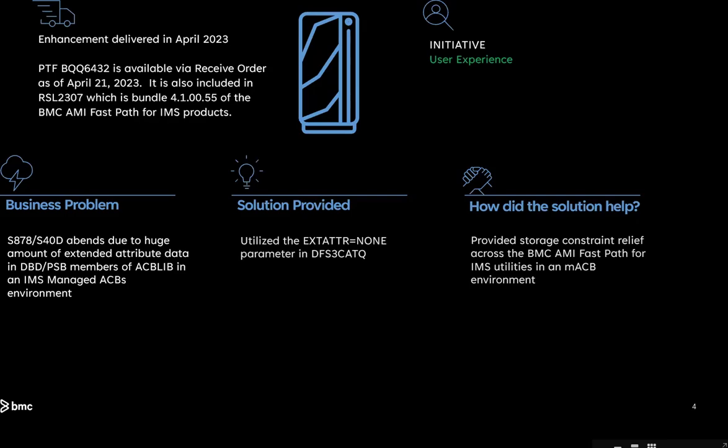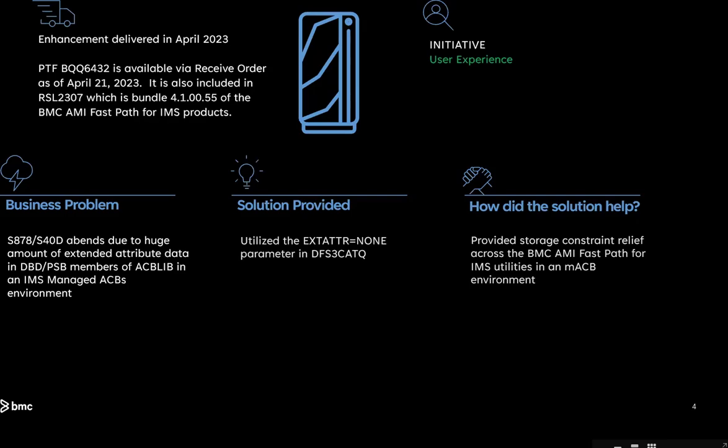Except there is an exception, the BMC-AMI fastpath indexer for IMS, or the PFX, the BMC PFX tool, as it is popularly known, that requires access to the extended attributes. But apart from PFX, most of the BMC-AMI fastpath for IMS utilities don't always require access to extended attributes in an MSCB and managed ACBs environment.